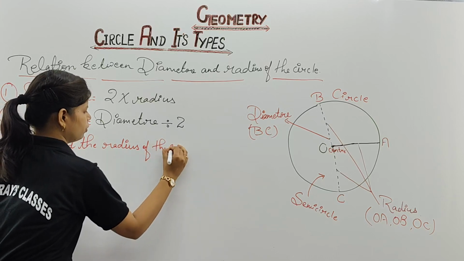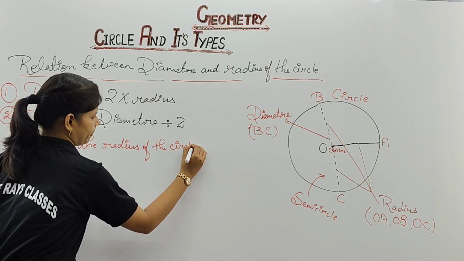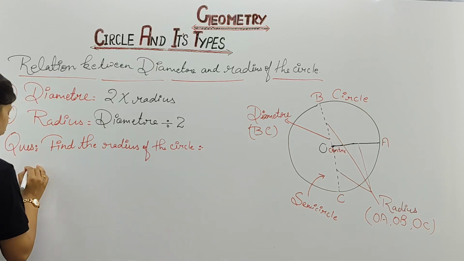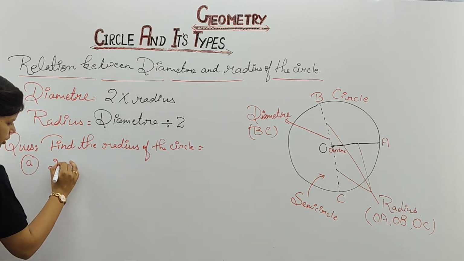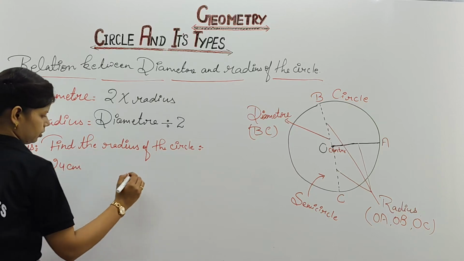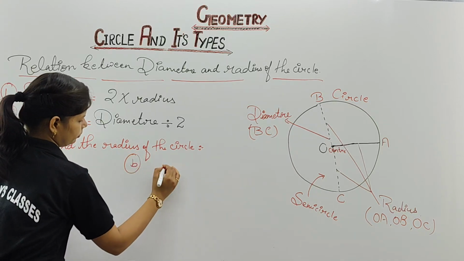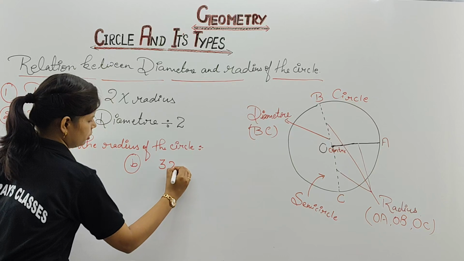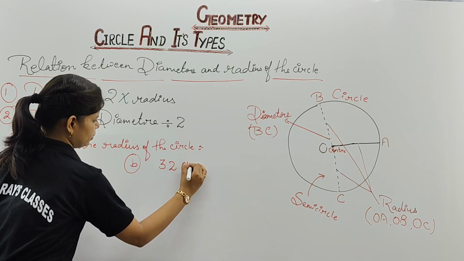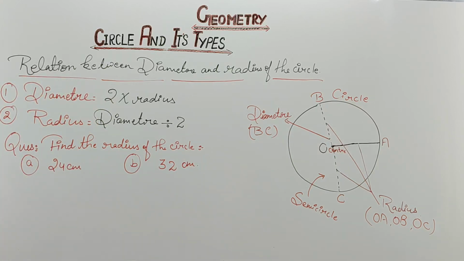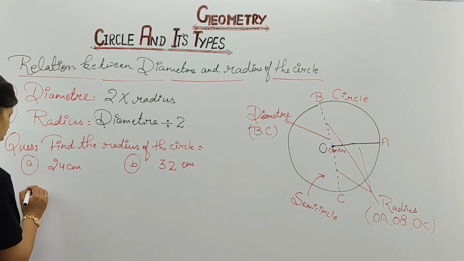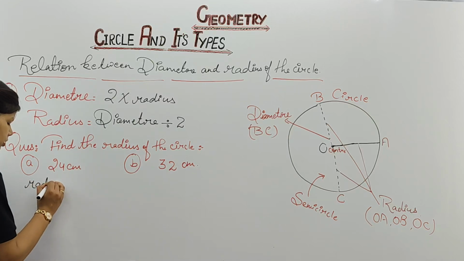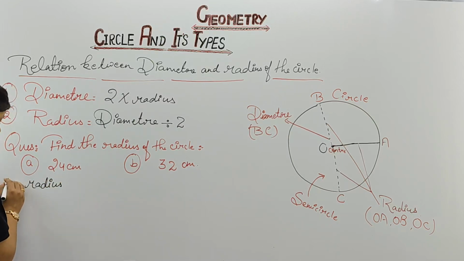Clear? So if only the question is given, 24 centimeter, and the other is given 32 centimeter. Clear? These two are your what? What is given? Good. So please mention it first.